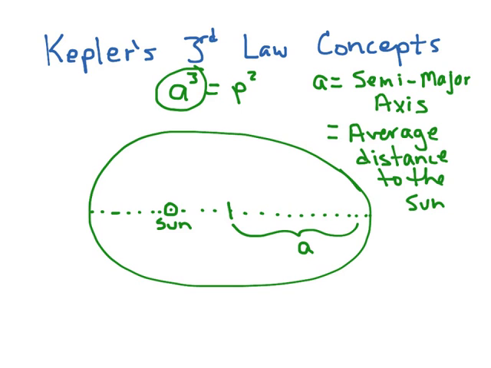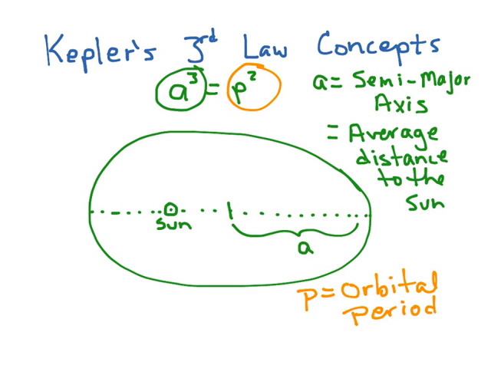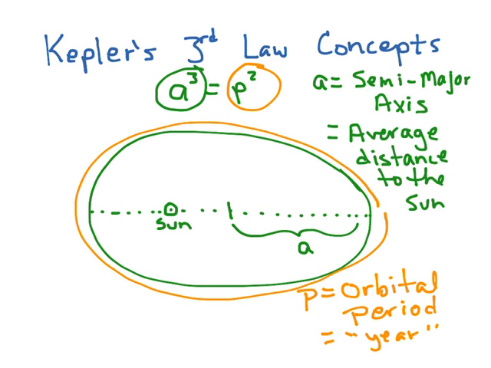So this side of our equation is talking about how far the planet is from the sun. The other side of our equation, the p squared, p is the orbital period. So this is basically a planet's year. How long does it take to go once around?